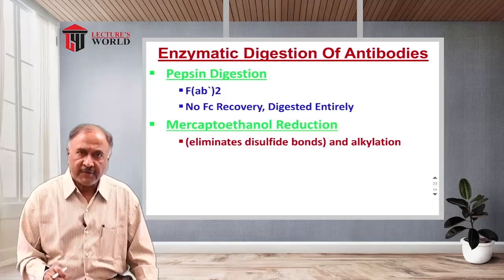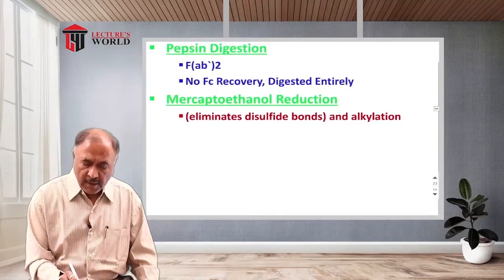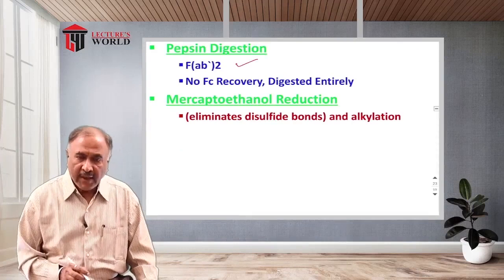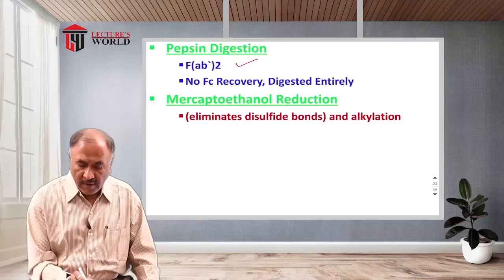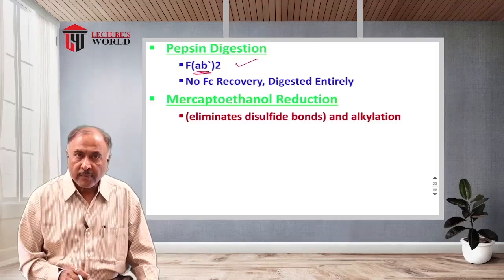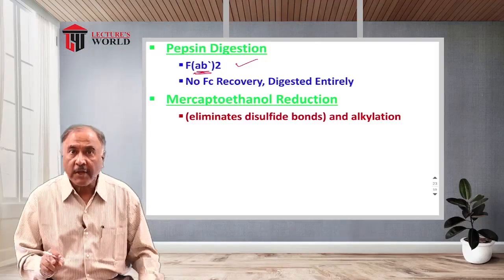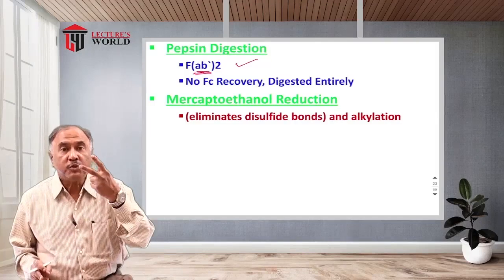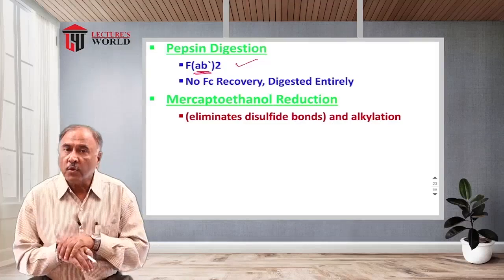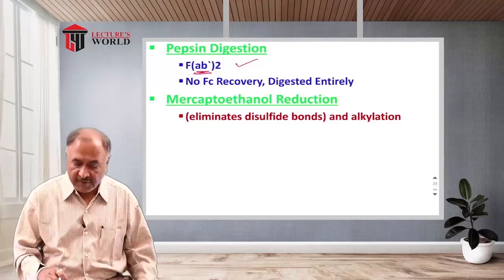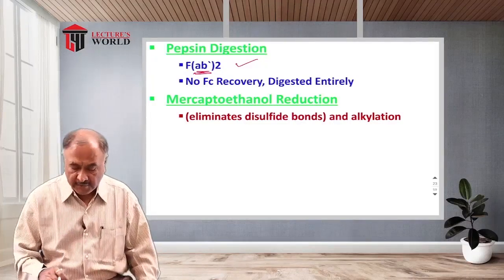two fragments. What were those two fragments? One was F(ab')2, fragment antibody. How many? Two fragments. And there was no FC fragment recovered. It was totally digested.